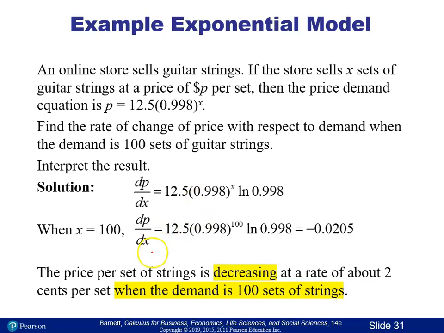Okay, so the price per set of strings is decreasing, again, decreasing because of the negative. And it is talking about money, so it should be cents and not percent. But about 2 cents per set when the demand is 100 sets of strings. So always remember to include what level of demand you're talking about.